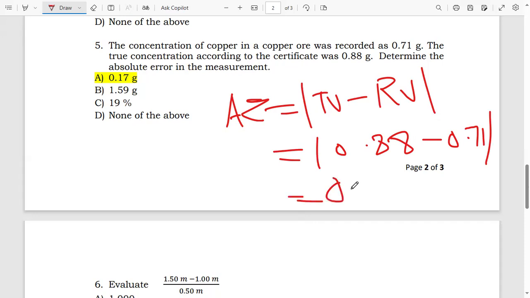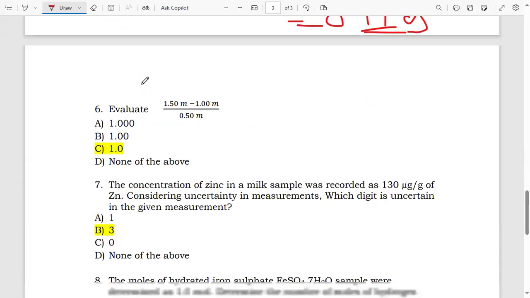So 0.17, and we know that these measurements were in grams, so this will be grams, like that. Okay, and we see that this is the same answer that we have on what? On A. So no wonder A there is the correct answer. Okay, let's go to question 6.